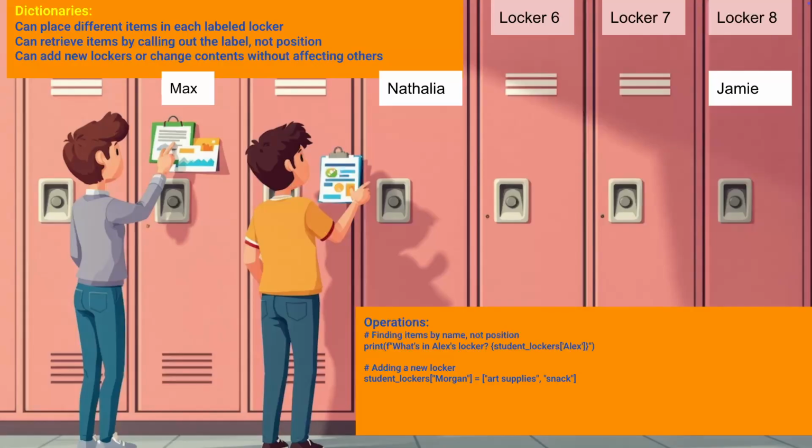We can add a new locker, in this case, one that we can call Morgan. We can advise basically what's included. So we are adding the articles in it, so items like art supplies, snack, and we could, of course, change what's in a locker as well. That's pretty much what dictionaries do.